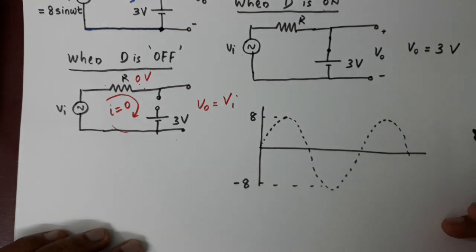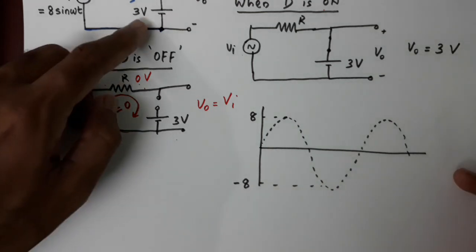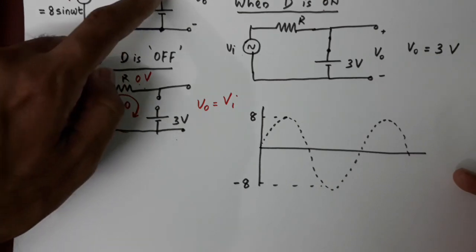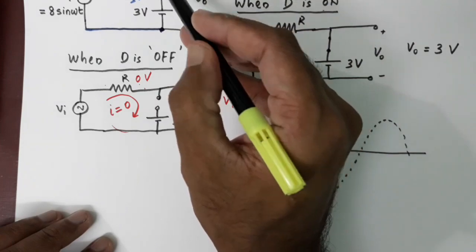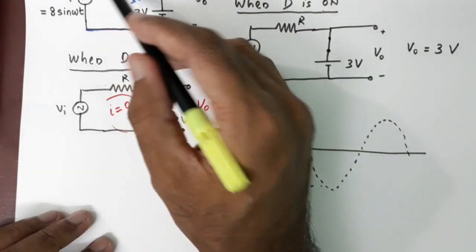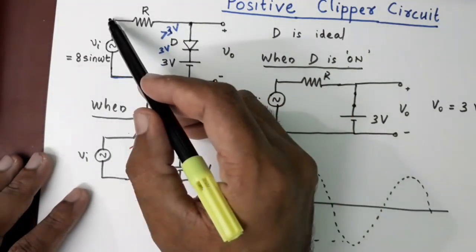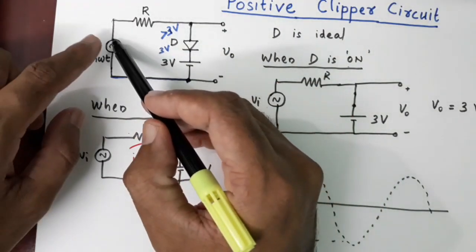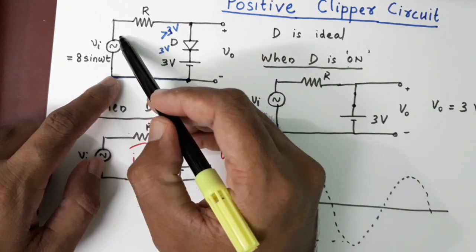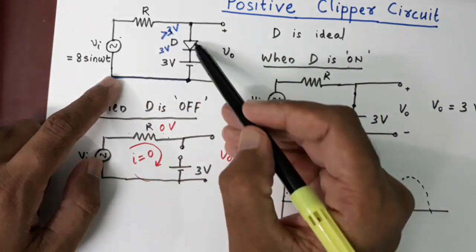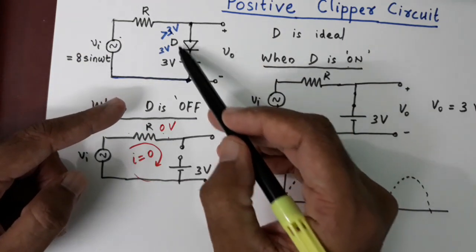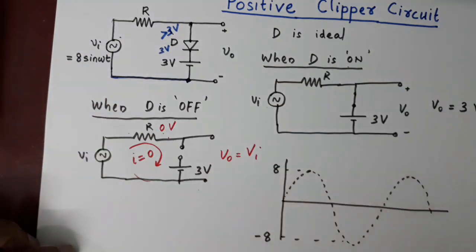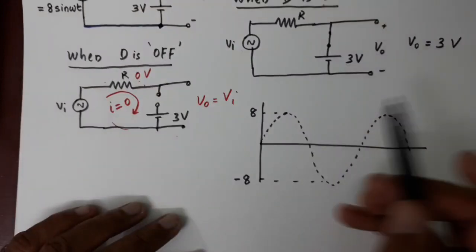Now we know that this diode will turn on only when the input voltage exceeds 3 volt, since the anode of the diode is connected to the source. Whenever the input voltage amplitude becomes greater than 3 volt, the anode potential becomes greater than 3 and the diode will be forward biased. So we can mark the 3 volt level here.